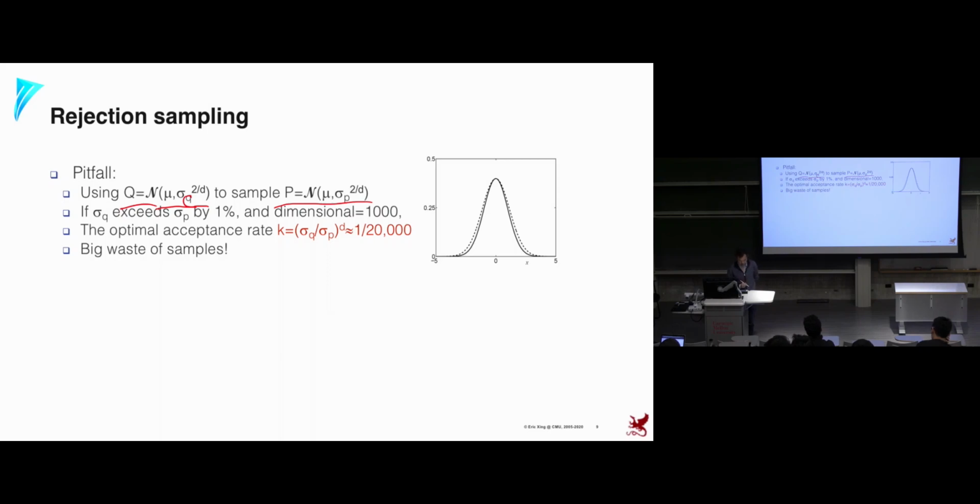My approximating Q is going to be different from the true P by just 1%.